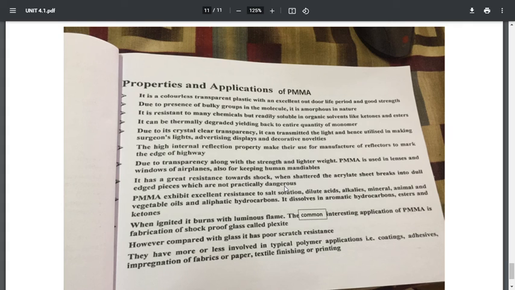They have more or less been involved in typical polymer applications, that is coating, adhesive, impregnation of fabrics or paper, textile finishing or printing. Impregnation means to soak or saturate with a substance.